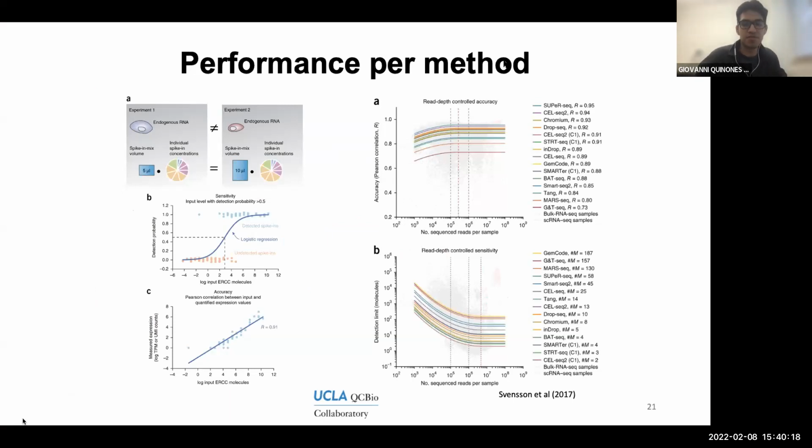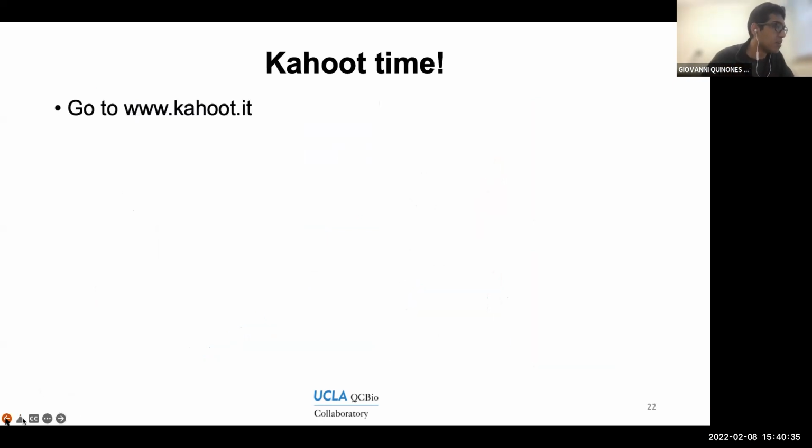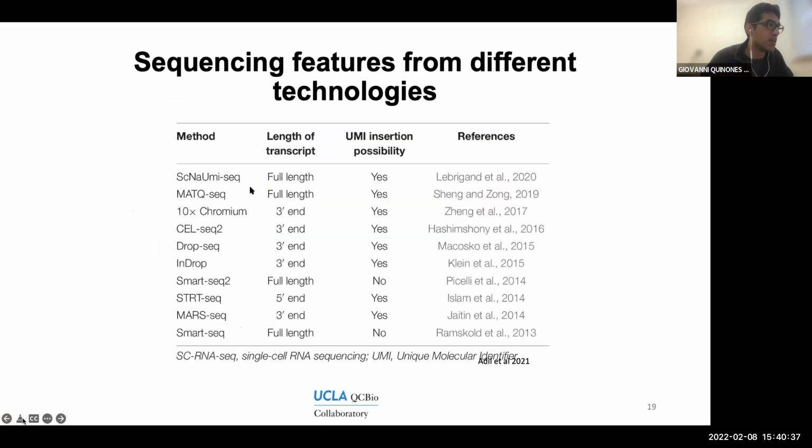Okay, at this point, sorry, before that, somebody asked a question during the 10-minute break. Let me go back to the previous slide. Regarding this table, if you only sequence either the 3' or 5' end of a transcript, how can you tell which gene it is coming from?